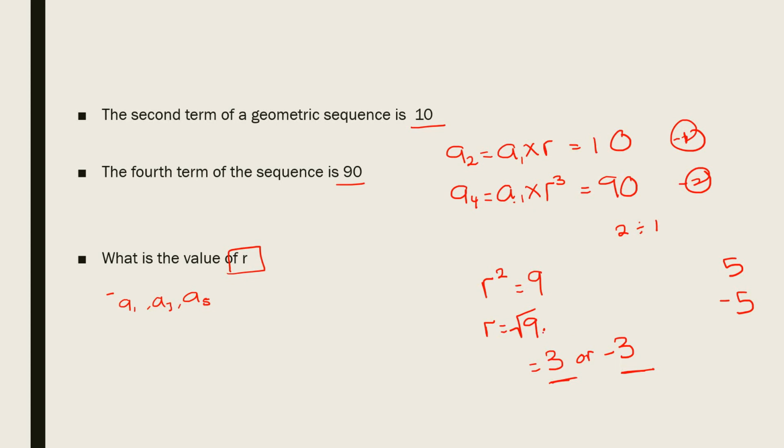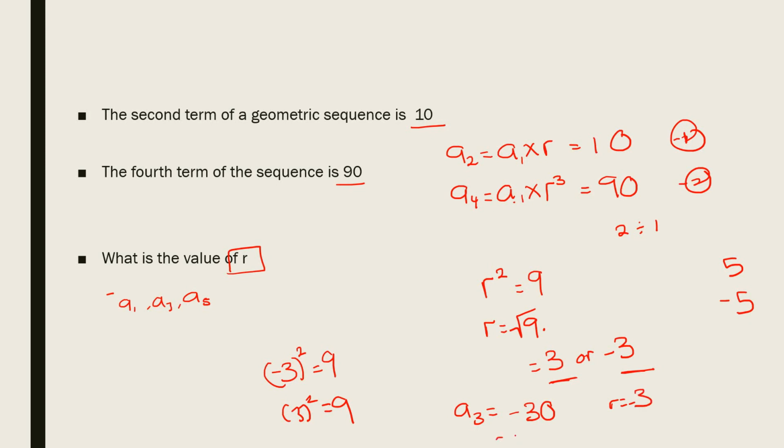So the value of r can actually be 3 or minus 3. The square of minus 3 is 9, and the square of 3 is also 9. So r can be 3 or minus 3. Now supposing the third term was, say, minus 30, then we'd say r is minus 3.